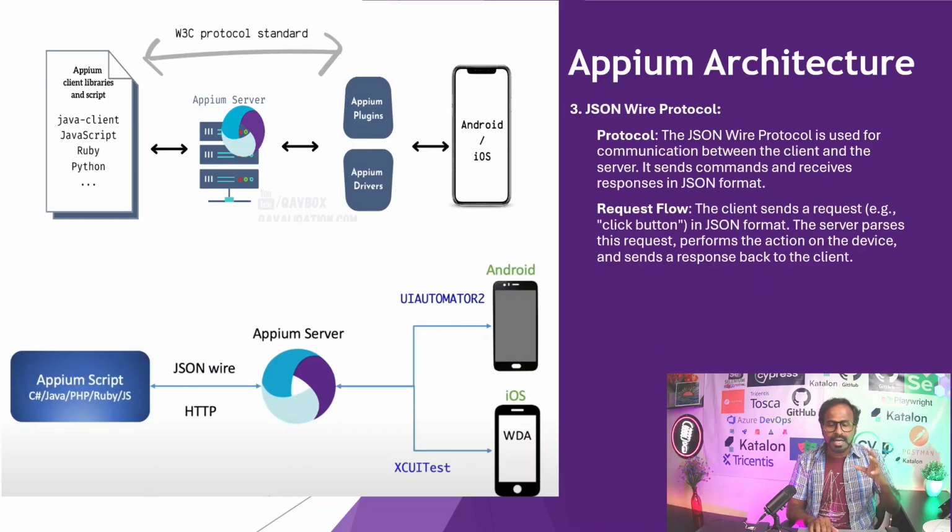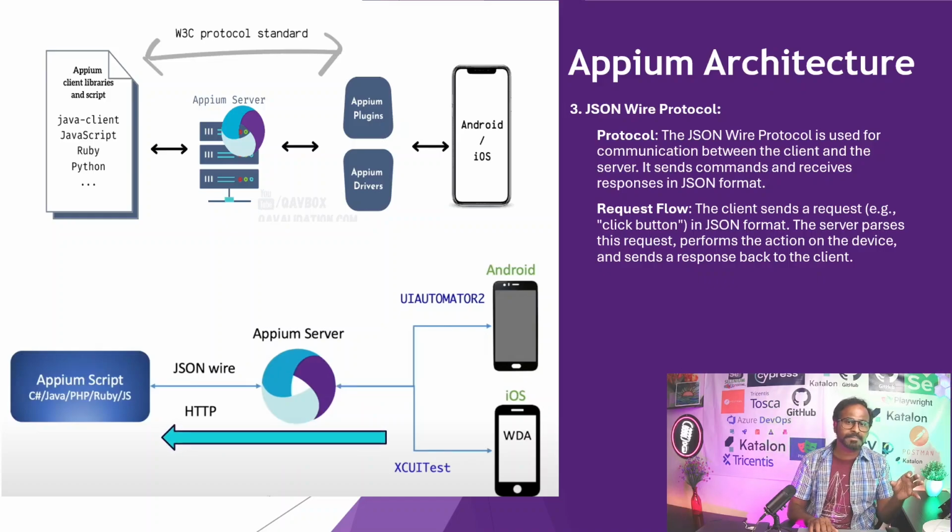How does a request from client to the device happen? The client sends a request. Example, let's say you click on a button. The client sends a request to click on a button in JSON format, and the server parses this request, performs the action on the device, and sends a response back to the client.